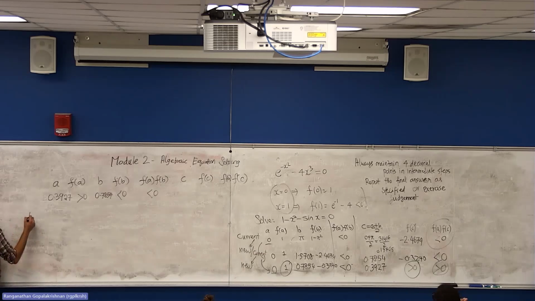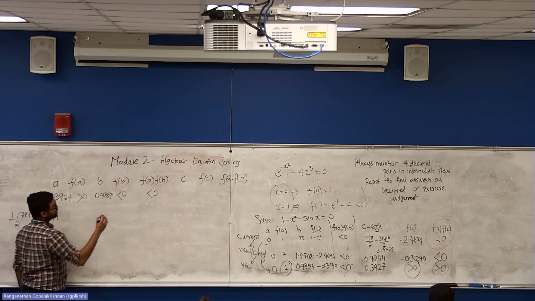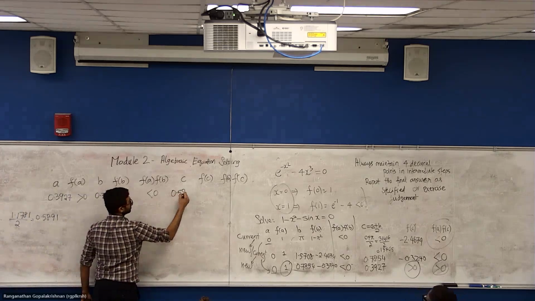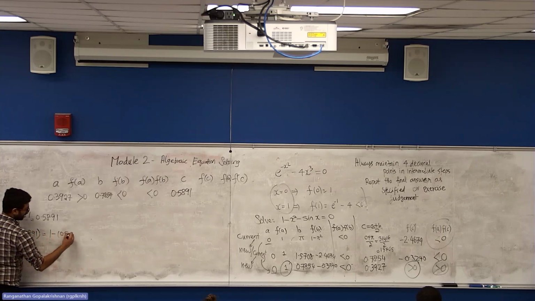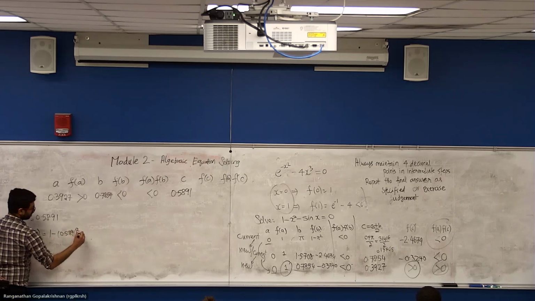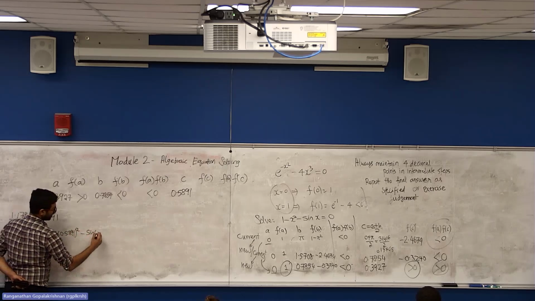That would be 0.5891. Anyone? 0.5891. So then you have to compute what is f of 0.5891, which is 1 minus 0.5891 squared minus sine of 0.5891.